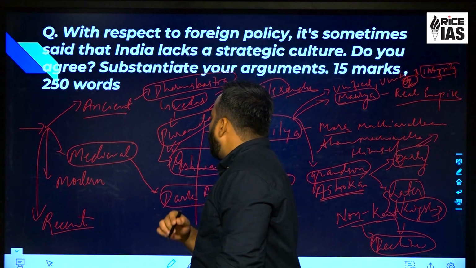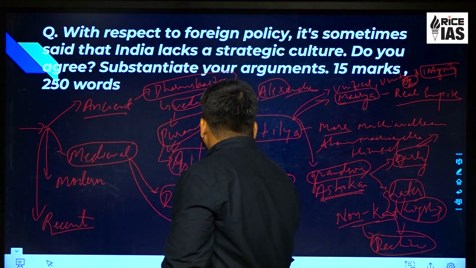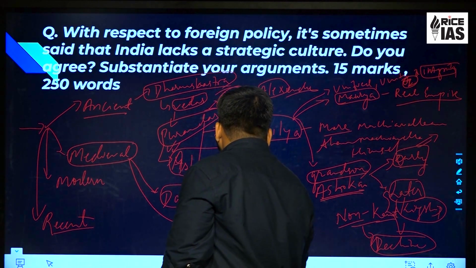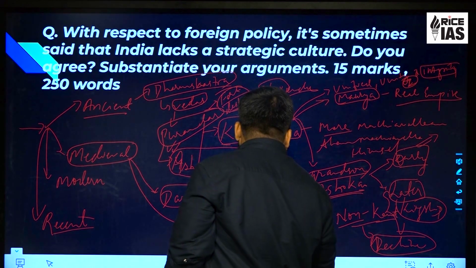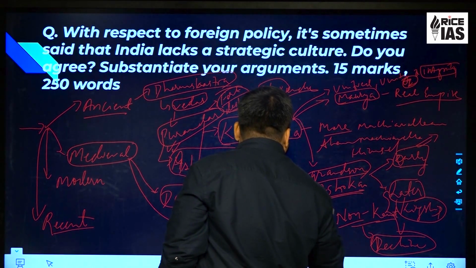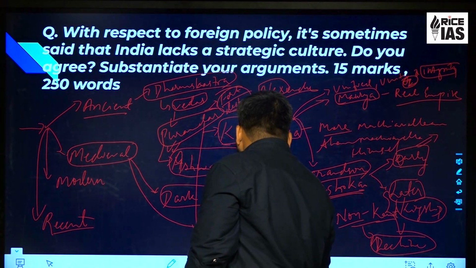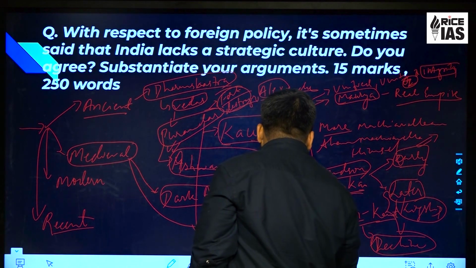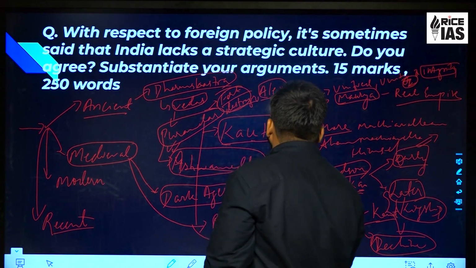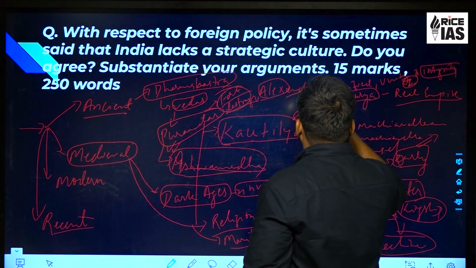So the Mughals also came up with multiple strategies. They used religion. For example, we have Akbar the Great, who came up with Deen-e-Ilahi. He also used marital alliances. In fact, marital alliances have been a constant theme. Here also, Chandragupta Maurya got married to Seleucus Nicator's daughter.